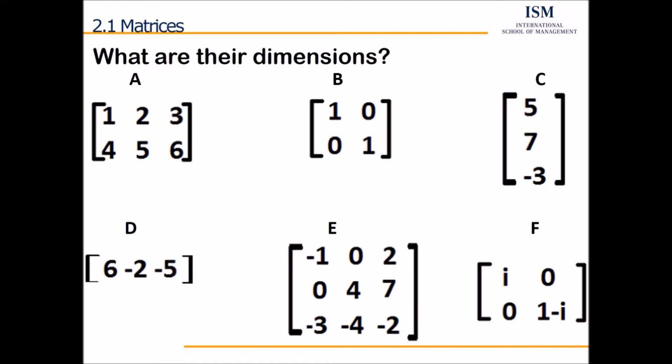Matrix D is a 1 by 3 matrix. Matrix D is a row vector. Matrix E is a 3 by 3 matrix. It is a square matrix. And finally, matrix F is a 2 by 2 matrix. It is a square matrix.